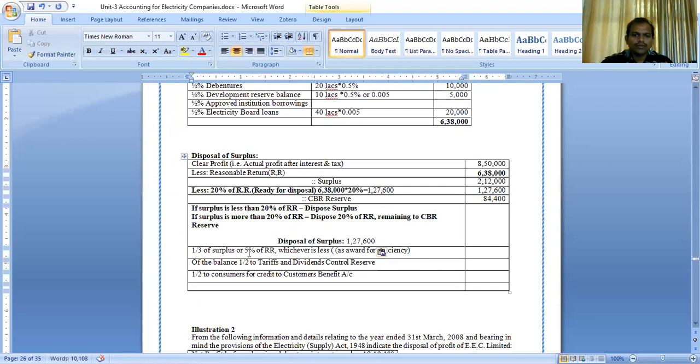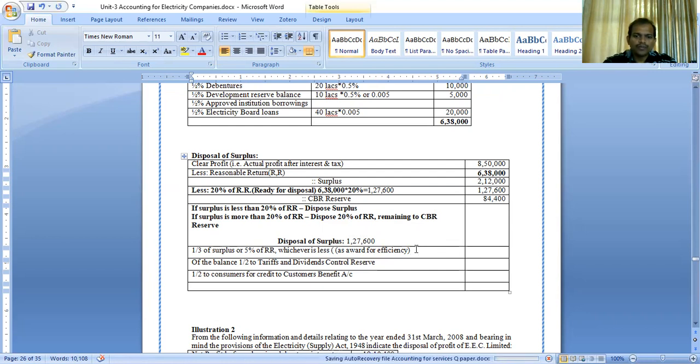Okay, so in what proportion, in what ways we have to dispose of this 1,27,600? 1/3 of surplus or 5% of reasonable return, whichever is less, we have to dispose of as an award for the efficiency of work done.